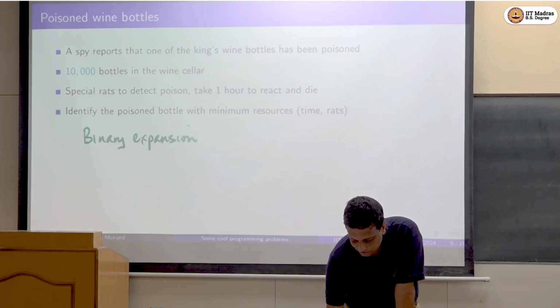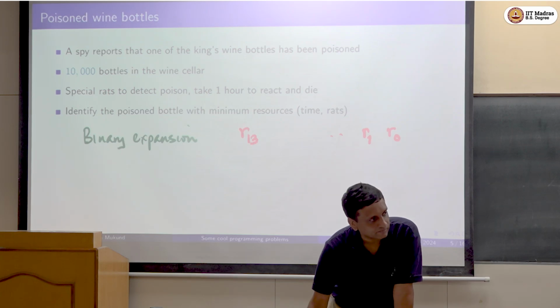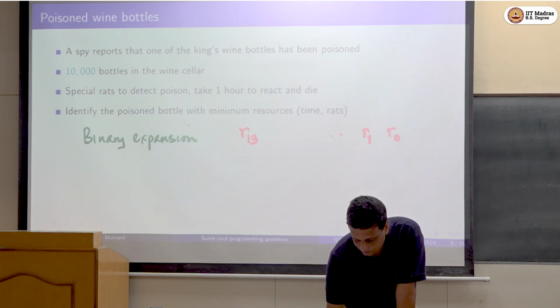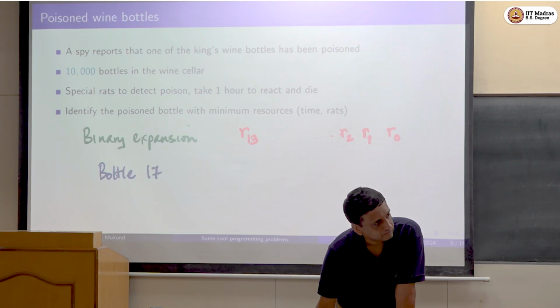So you have R0, R1, you have 14 rats, right? So now supposing I have bottle number 17, say. Right? So it has a unique binary expansion, right?